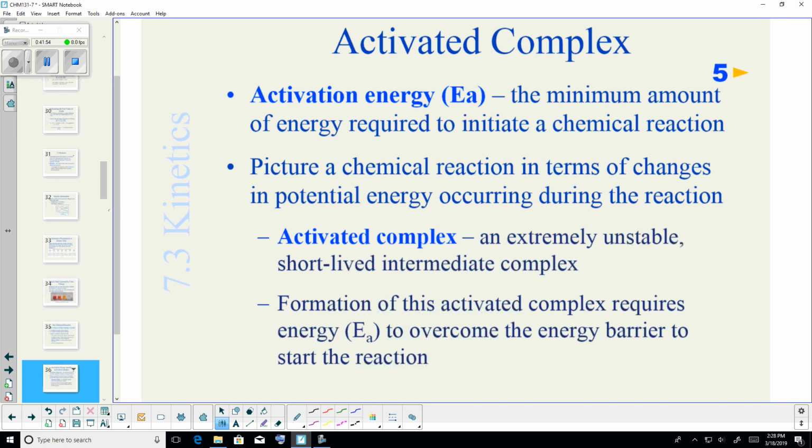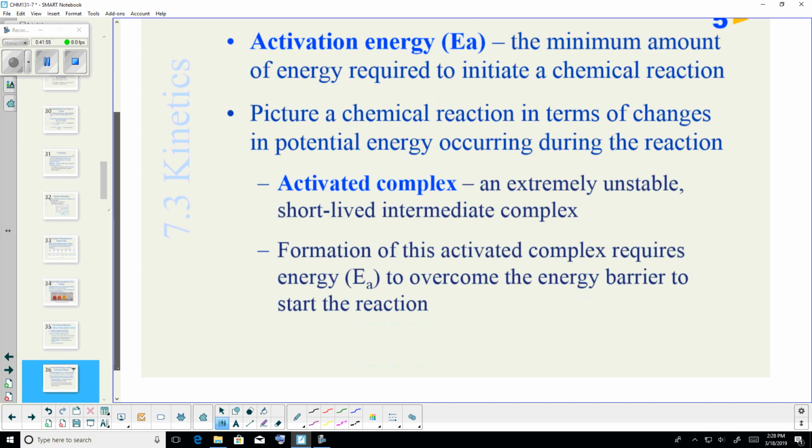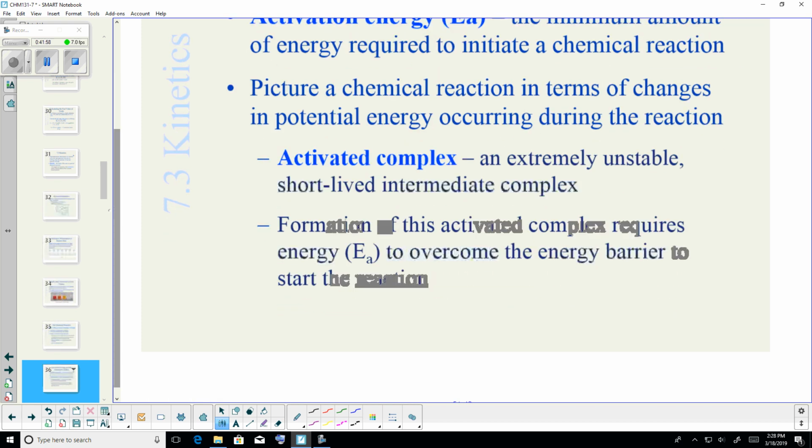So if I look at my delta H, my energy, and the reaction goes this way, I'm starting here at some point. Here's my log, or my reactant. I'm adding energy, right? So delta H is going to do what? Go up, right? So I'm going up.